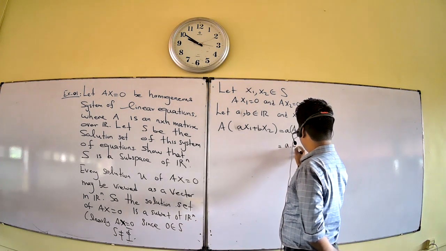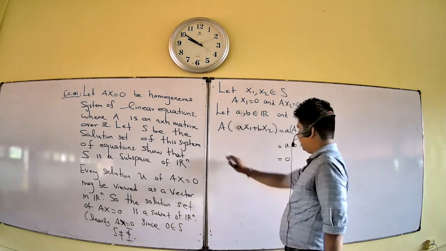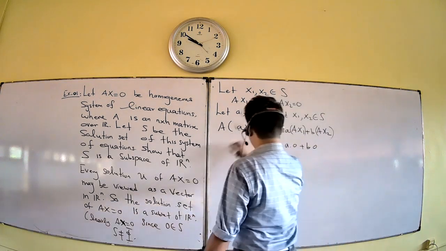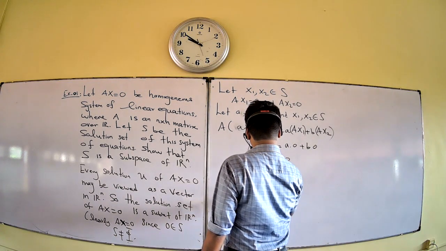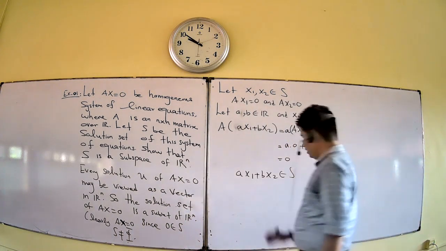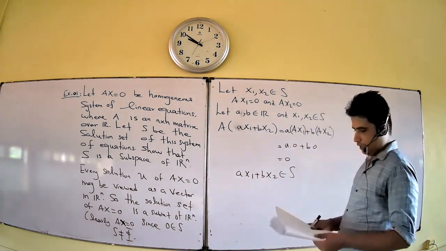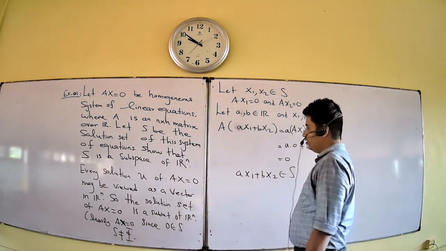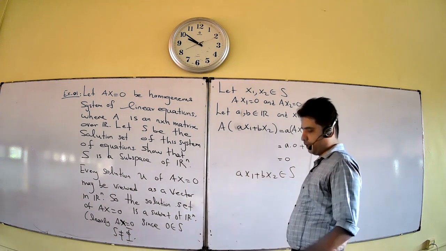Therefore this is 0 and this one is also 0. Then the result is 0, which means it is a solution, so a x1 plus b x2 belongs to S. This is the subspace criterion.